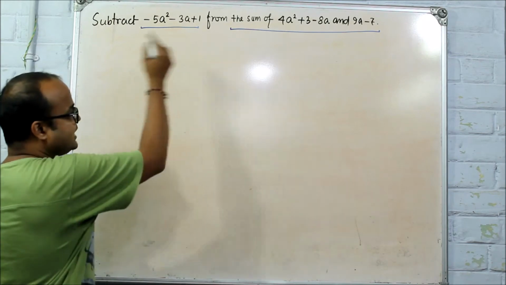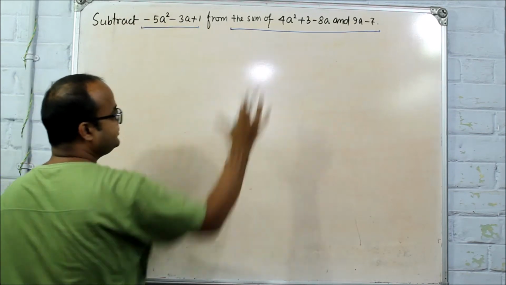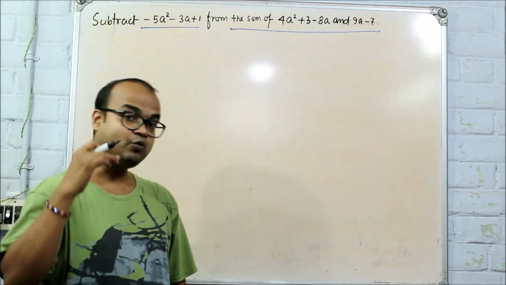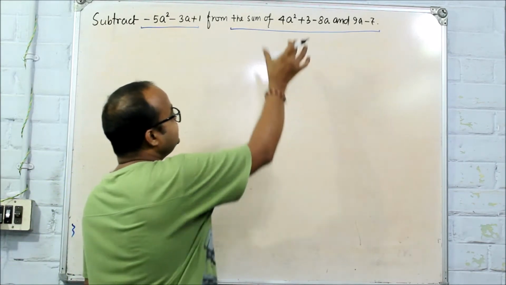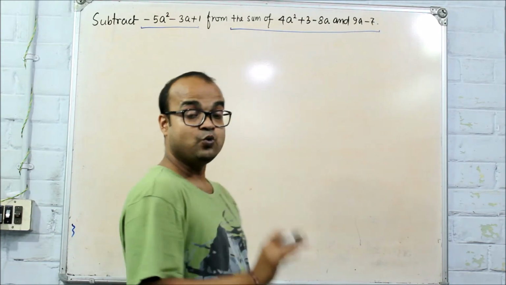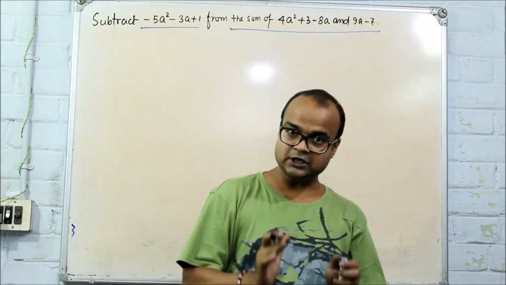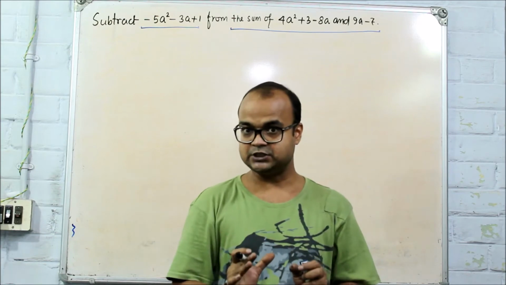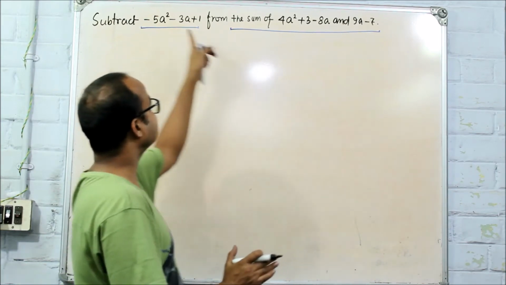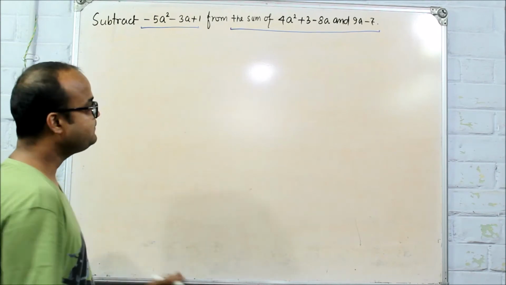Now if I write this entire statement in mathematical form, we understand that first we need to add these two. Whatever the result of this addition, from that result we need to subtract this. Clear?